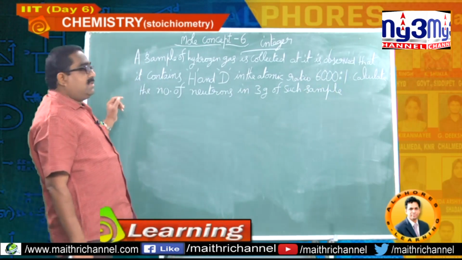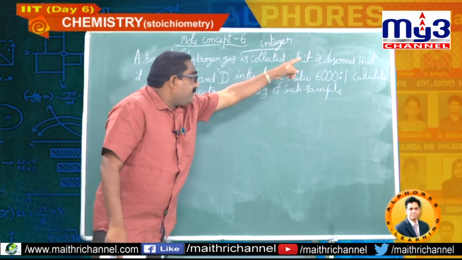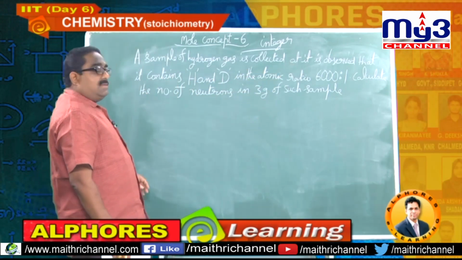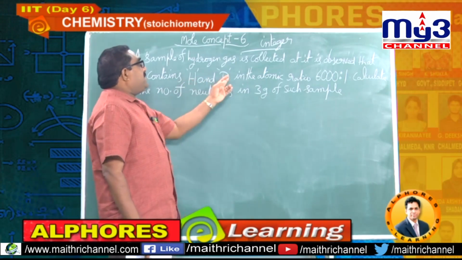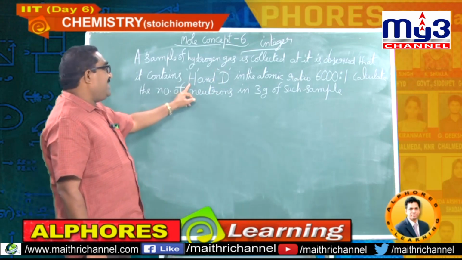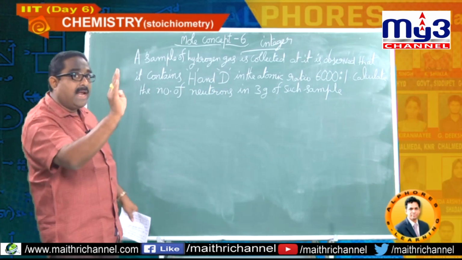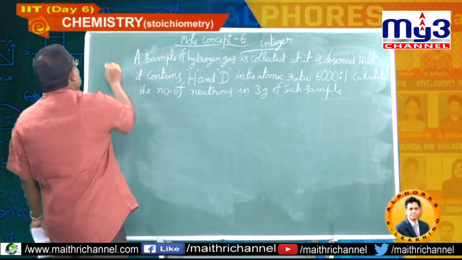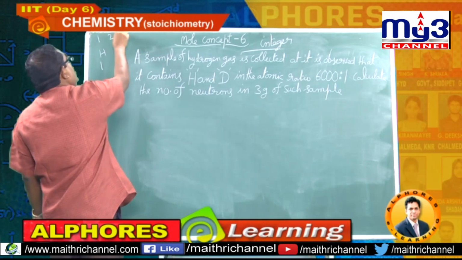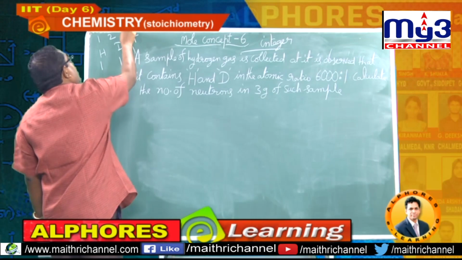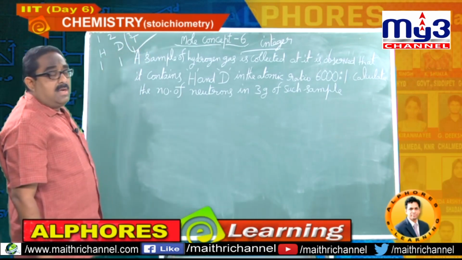I am explaining the question. A sample of hydrogen gas is collected and it is observed that collected sample contains 2 types of atoms, hydrogen and deuterium. Here hydrogen has 3 types of isotopes. Hydrogen 1,1, deuterium 1,2, third one is tritium 1,3. So as of now it is not needed for us, we have to confine these 2.